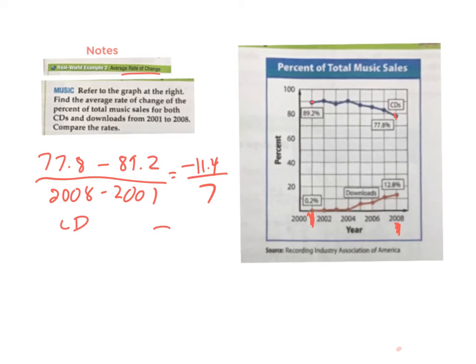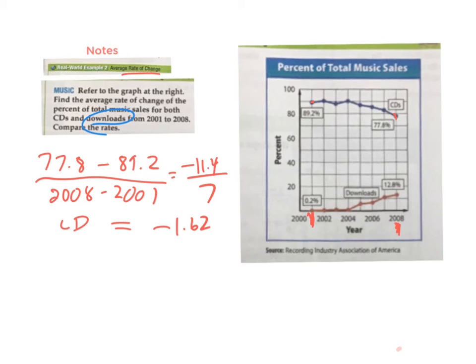So basically, it's dropping 1.62% CD sales. So now let's do the downloads.